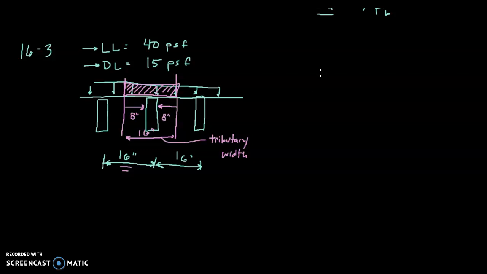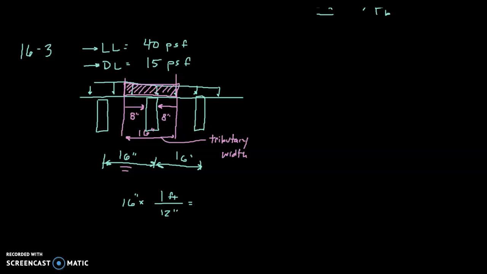Okay, so in order to find the load on this joist, we would need to multiply these pound per square foot loads by the tributary width. So 16 inches converted to feet, there's 1 foot for every 12 inches.